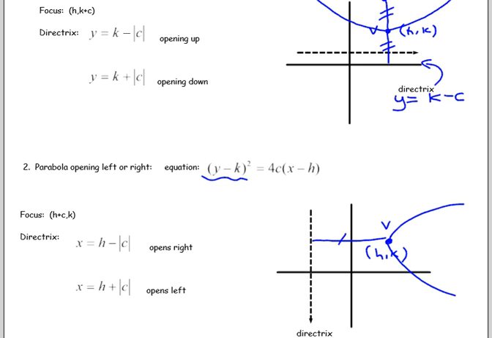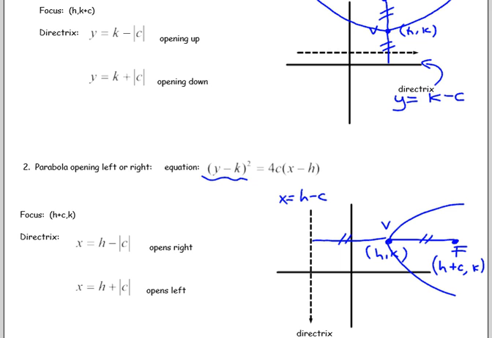Remember that this distance has to be the same as the one that goes to the focus. So my focus will be here. So you know that if it's opening to the right, then your focus coordinate will be (h plus c, k), at the same k. And your directrix will be x is equal to h minus c, because it's going to the left.